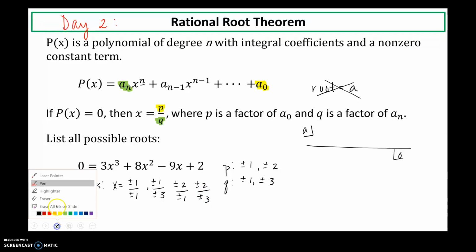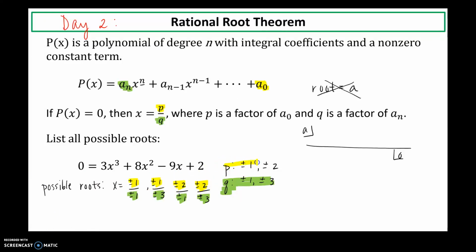So check out where these numbers came from. All the numbers in the denominator are the factors of my lead coefficient. The numbers in my numerator are the factors of my constant term, that p term. But you have to understand that I'm making a fraction. I'm listing p over q for all the possibilities.